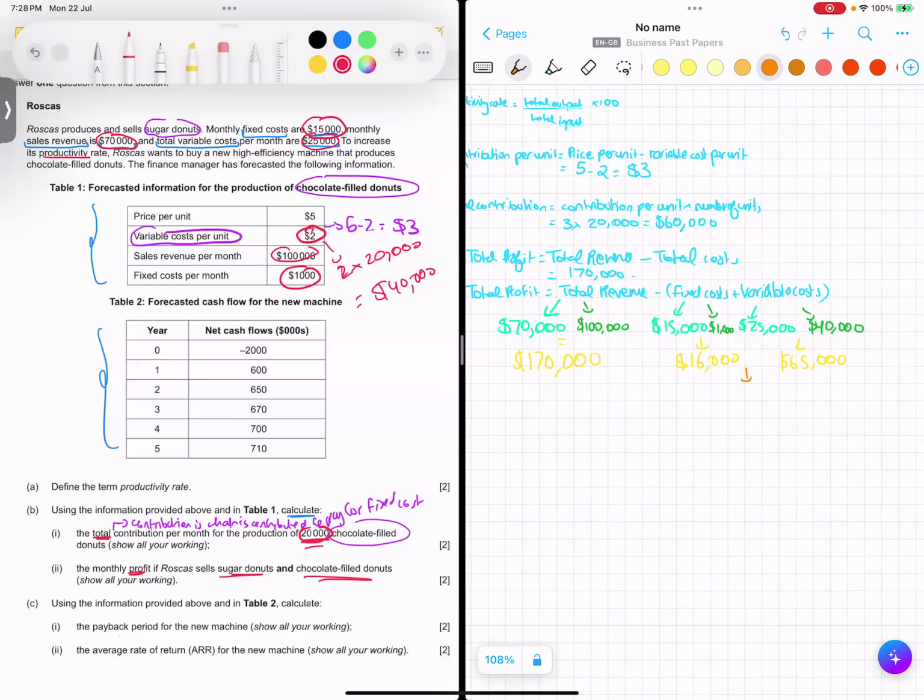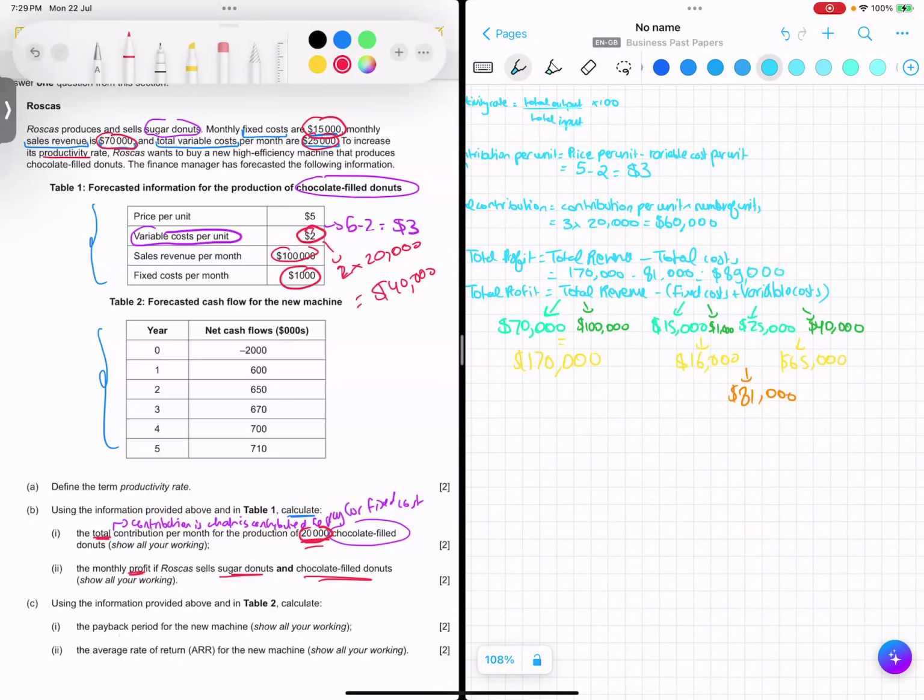I'm guessing it's 81,000. I'm gonna check. 16 plus 65,000 is 81,000. Yes, I'm right. So 81,000. So then we go further to just subtract by 81,000, and our answer is 89,000. So this is our total profit.